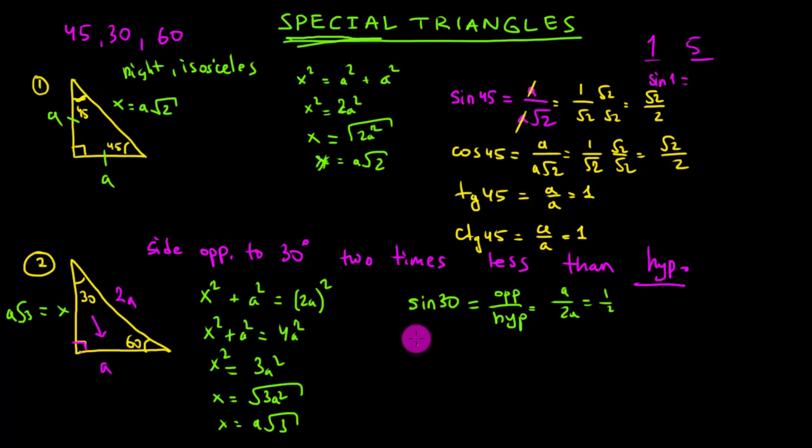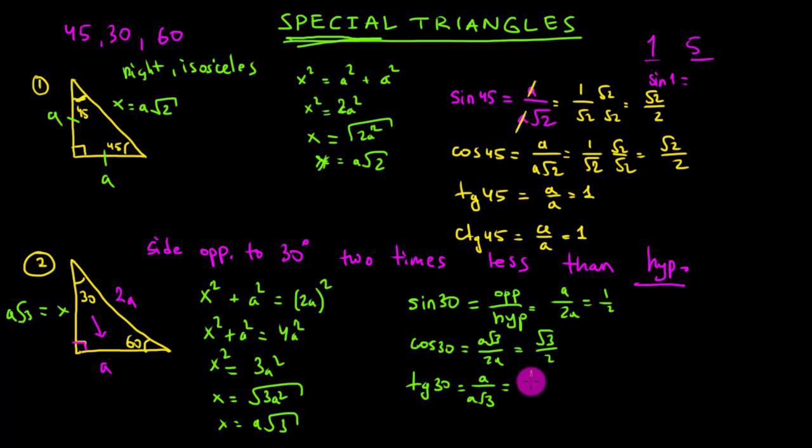Okay, let's find cosine 30. Cosine 30 is adjacent over hypotenuse, so a root 3 over 2a. The a's are cancelled, root 3 over 2. So cosine 30 is this one. Let's find tangent 30, which is opposite a, over adjacent to 30, a root 3.